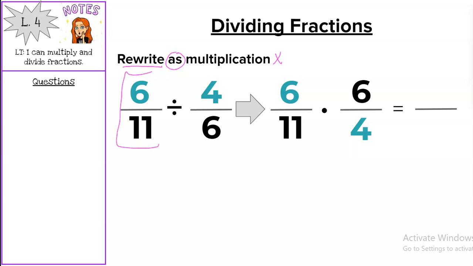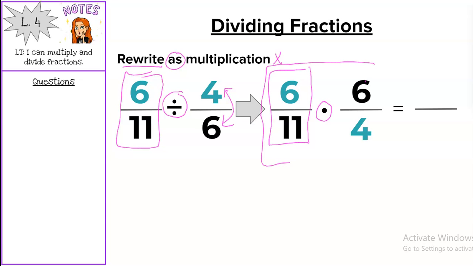So you see 6 over 11, 6 over 11. Change the division to multiplication. And then we flip the second fraction. So the denominator becomes the numerator and the numerator becomes the denominator. So just do a little flip-flop. And then we multiply like normal. So this becomes our problem that we need to solve.